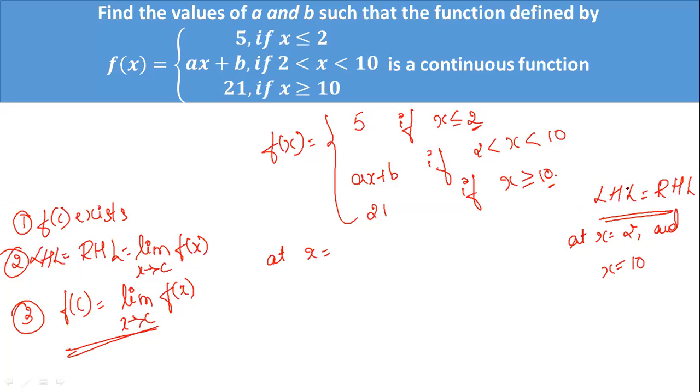If we use these two things, we'll get two equations in a and b, from which we can get the value of a and b.